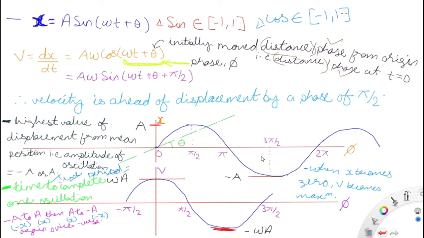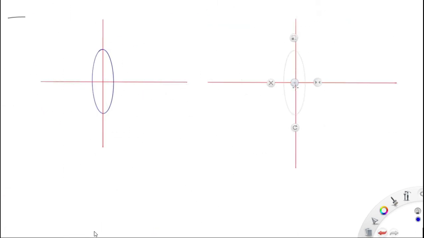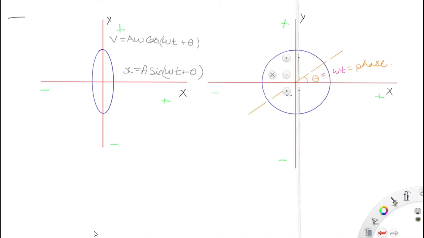Now you understand this curve once again.